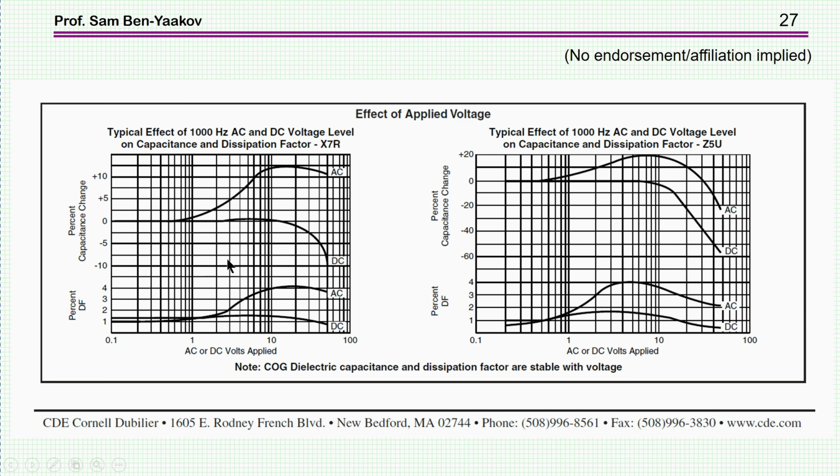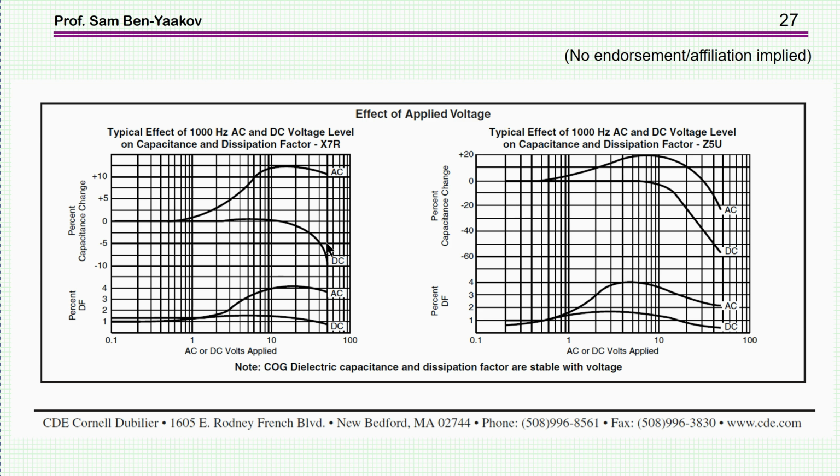And what we see here is the same curve as we've seen before. This is percentage change of the capacitance, but here it's a logarithmic scale, so this is why the curves look a little bit different. So this is the DC case. That is the DC bias with AC ripple. So this is the incremental or the ripple capacitance and the change of the ripple capacitance.